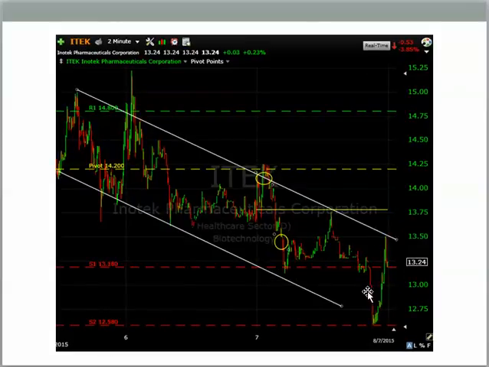Another bit of analysis we could do is just looking at channels, and as you can see, this is actually in a downtrend, so the preferred entry on this trade would be a short at those lines of resistance up in here and on the previous day's closing price there. Those trades would have had a higher probability of success because they would be trading within the channel, the short-term trend channel for iTech.